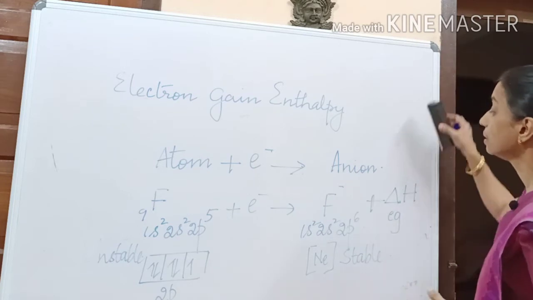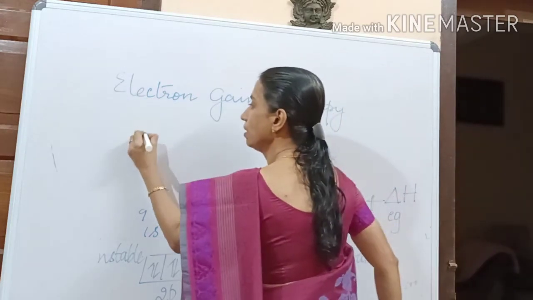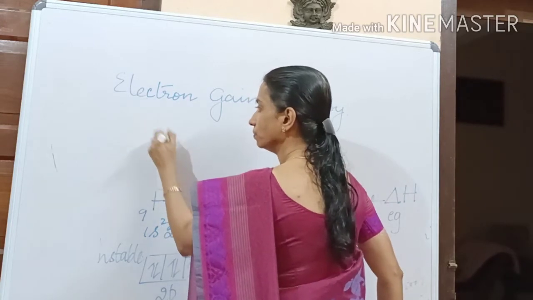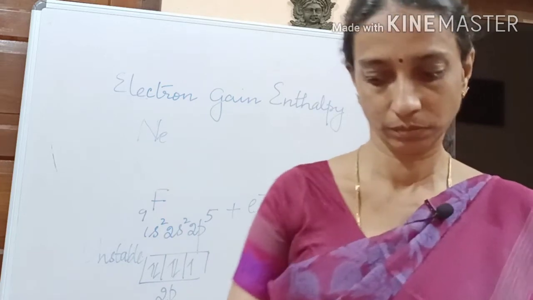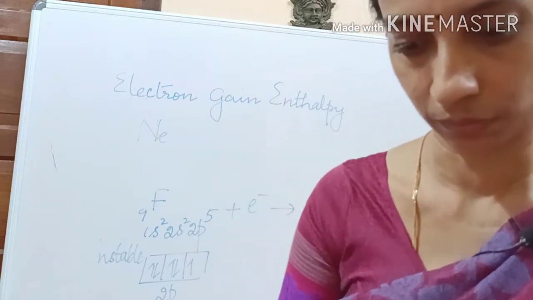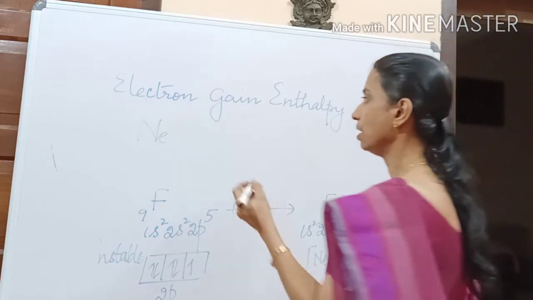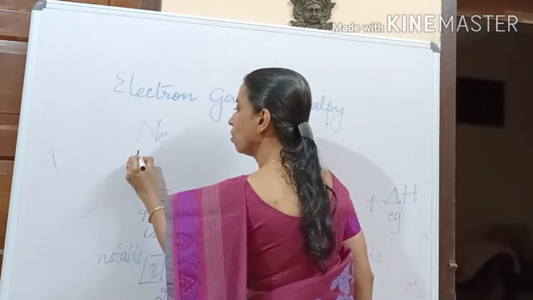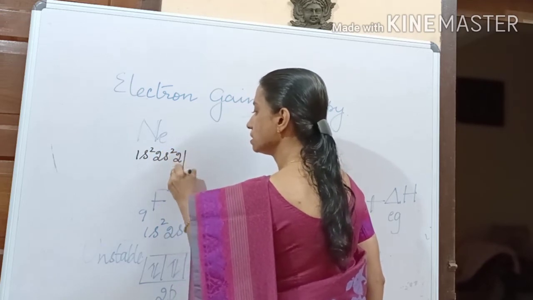Now take the case with neon, for example. Neon has the configuration 1s2, 2s2, 2p6.